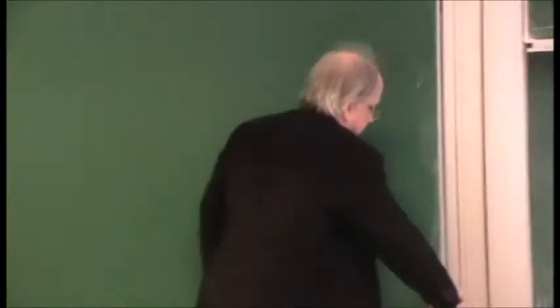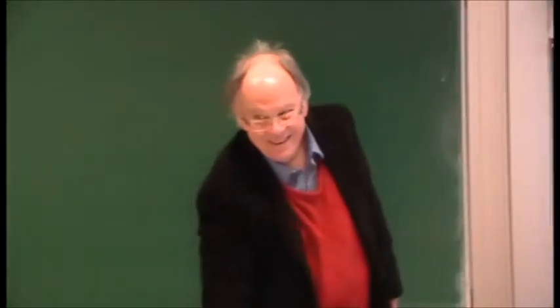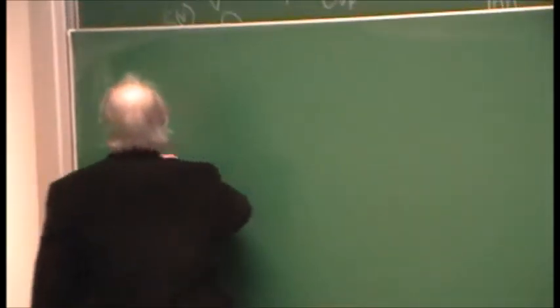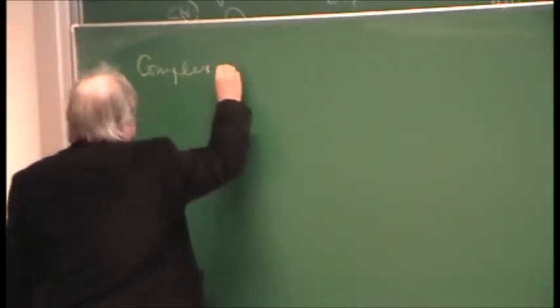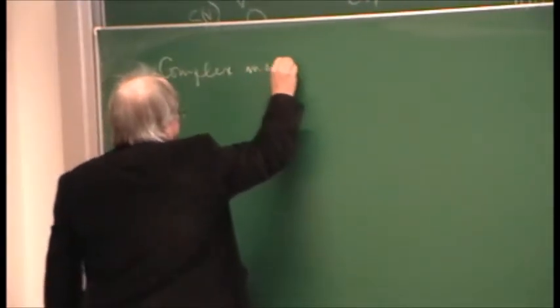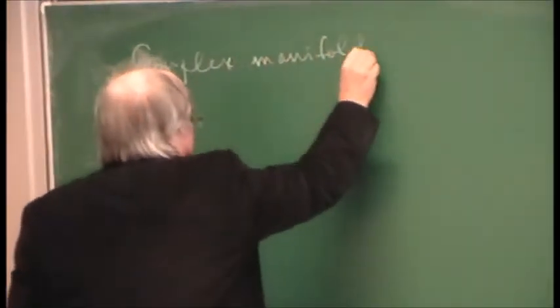Okay, now I will give you another definition of a complex manifold. Okay. So a complex manifold, this is not necessary because we all know it, but let's just take a definition here.